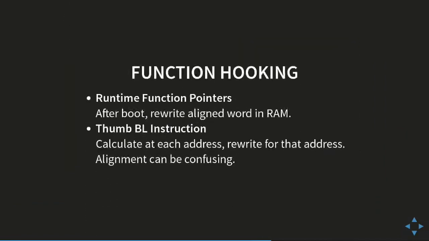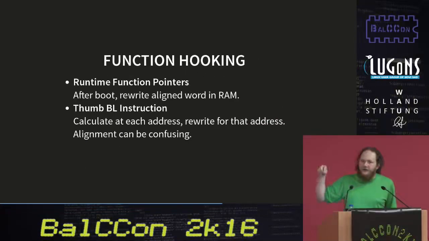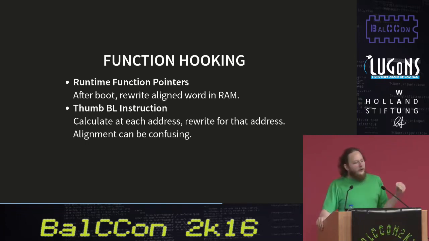You also need to do function hooking, because once you've identified the USB stack, you don't want to make minor changes to it in assembly language, because that is a ton of labor and it's not portable between versions. What you would much rather do is write your changes in C. So what you do is you rewrite all of the function calls to run to your version instead of the manufacturer's version.